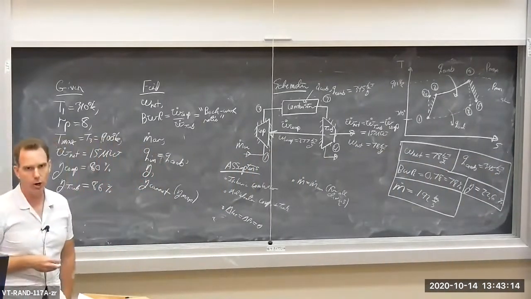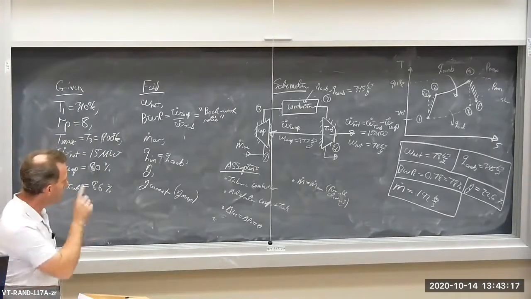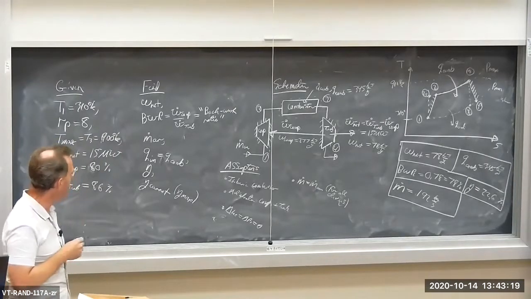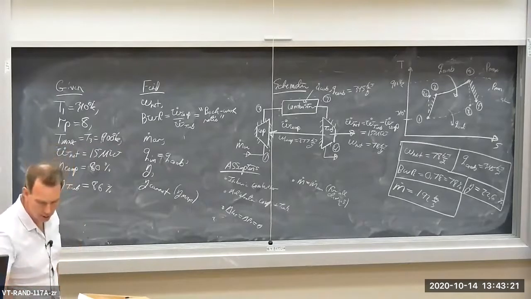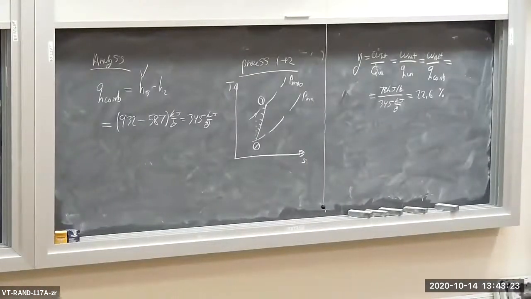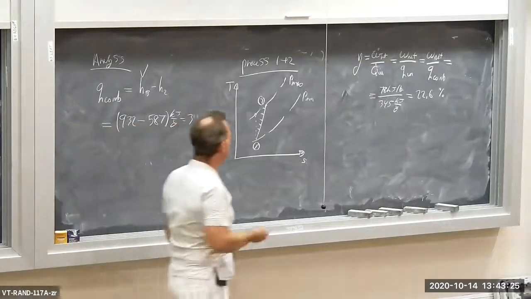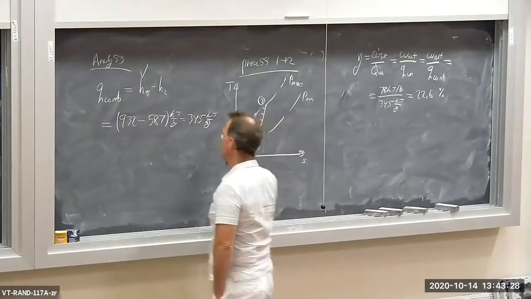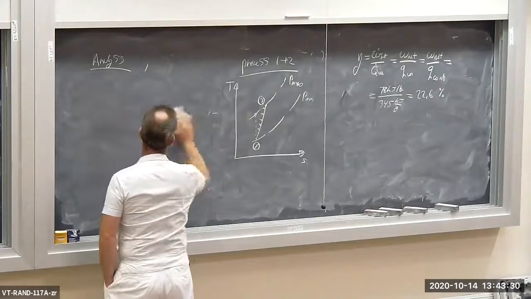Let's compare that to the Carnot cycle. Let's say instead of having this Brayton cycle with all these irreversibilities going on, what if we had a Carnot cycle doing the same thing?